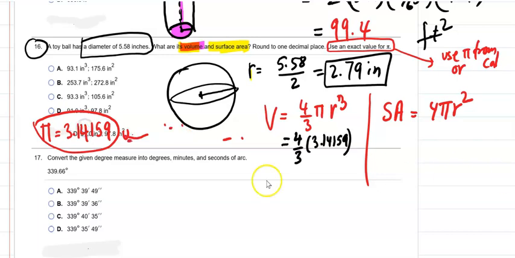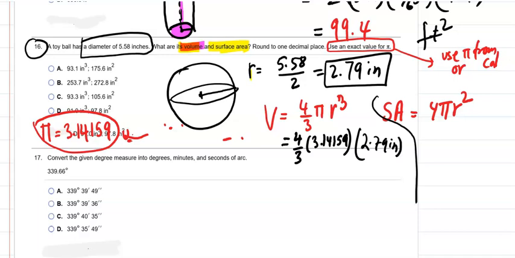Now use the value of pi and r in the formula to find the volume first. r is 2.79 inches, cubed because of r cubed. So you multiply 4/3 with 3.14159 with 2.79 to the power 3.